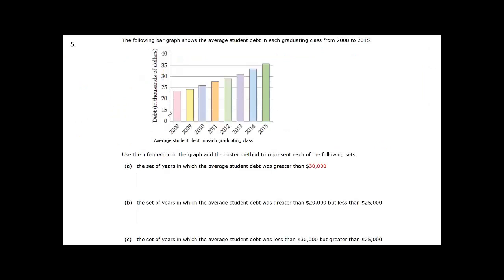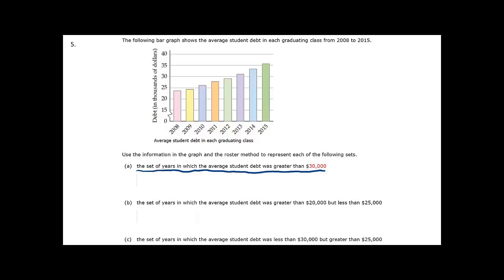Number 5. The following bar graph shows the average student debt in each graduating class from 2008 to 2015. Notice that the debt itself is on the vertical axis and the year is on the horizontal axis. It further says, use the information in the graph and the roster method to represent each of the following sets.